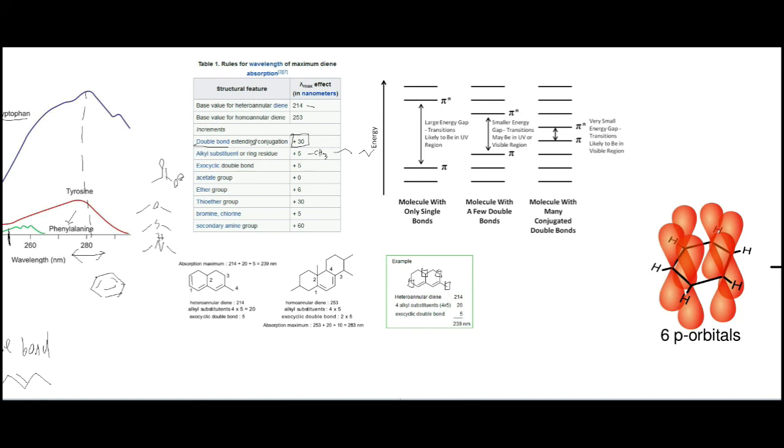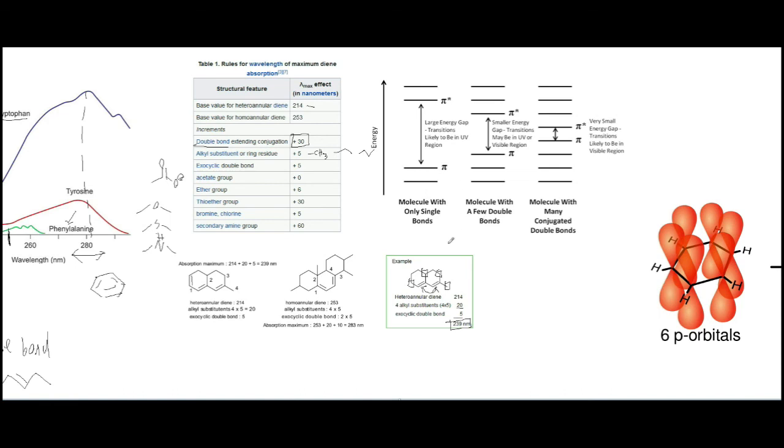So alkyl is plus 5 times 4, we get 20. Exocyclic double bond is just because these are in 2 different rings, so that's another plus 5, so 239. And so we could expect to find our maximum peak at 239 nanometers.